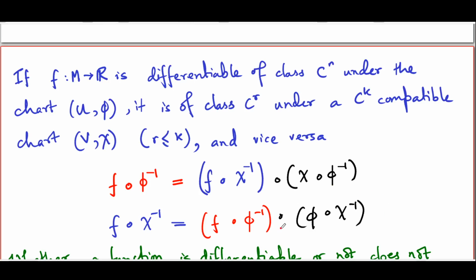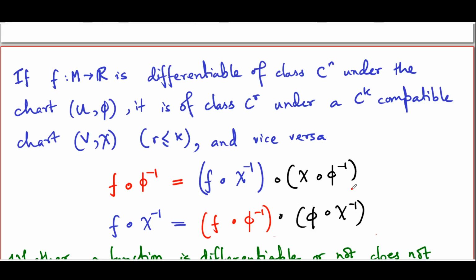So, of course, you apply phi composite chi inverse first, and then you apply f composite phi inverse. Because composition of maps is associative, it's easy to see that you can change the brackets here to talk about phi inverse composite phi, which will give you the identity, and therefore you will end up with f composite chi inverse here, and a similar argument can be given for this.